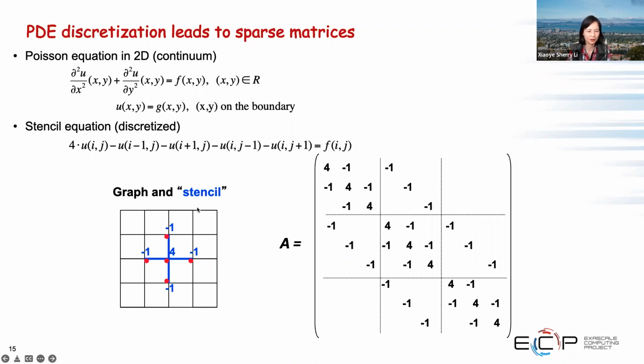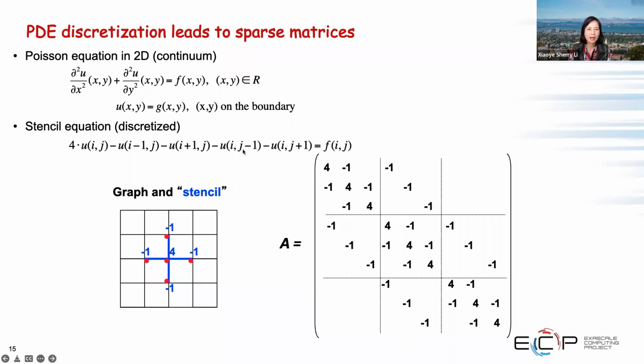Okay, so let's continue. I'll start with a very standard matrix from PDE discretization. A lot of us are familiar with this. This is the Poisson equation in 2D. In the continuum form, it's written as this partial differential equation, right? So you have x, y corresponding to the space, and f is the right-hand side, then there's some boundary condition.